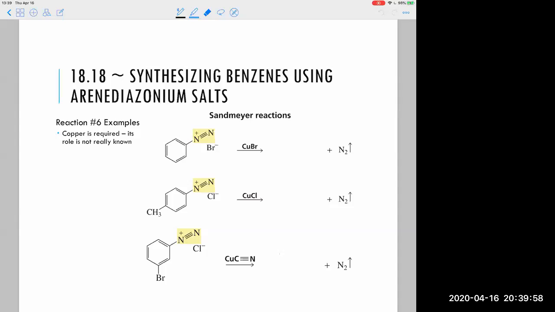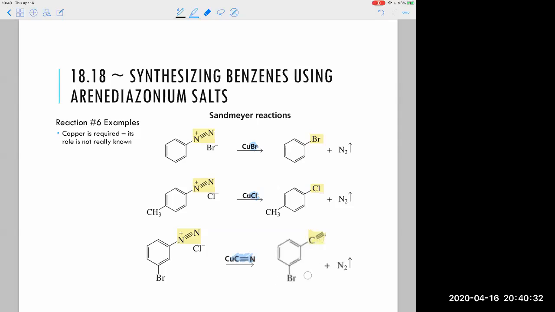Anyways, my nucleophile here is going to be this bromide ion, this chloride ion, or this cyanide ion. It's just in compound with this copper. And again, these are substitution reactions. You're going to be substituting your diazonium group for the bromine group. Likewise, when I add copper chloride, I will get a chlorine substituent.